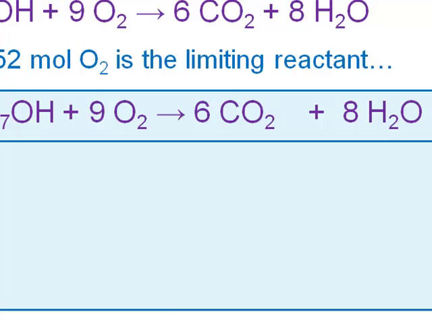So at the end of the reaction, what you end up with. Now, this says that 3.452 moles of O2 is the limiting reactant. All of these have to be in moles in order to use the ICF table. You've got to be counting in moles only when you use this table.